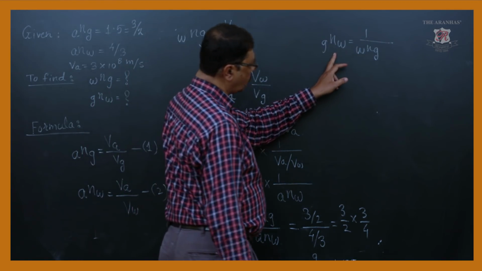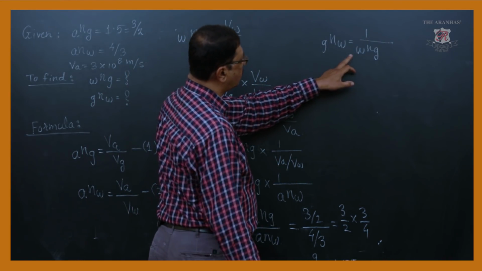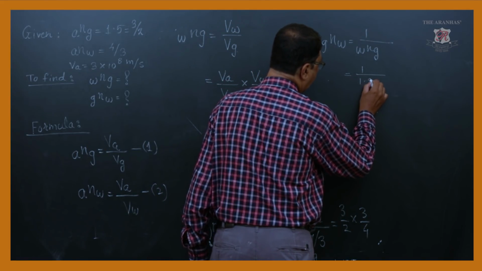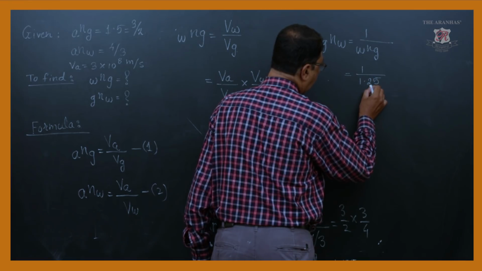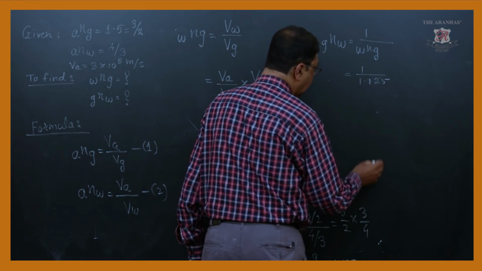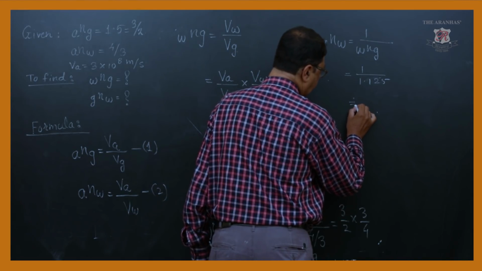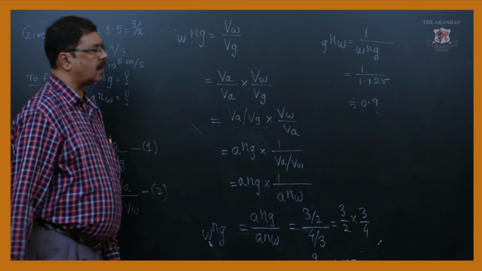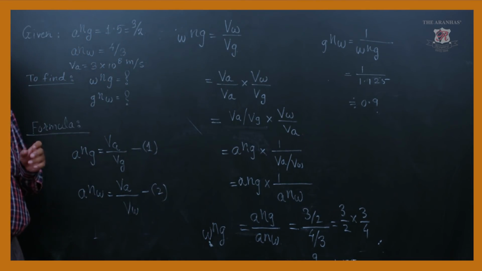Now this value you have, this value you find out, 1 upon 1.125. That is approximately equal to 0.9. So we are getting the same answer by different methods.